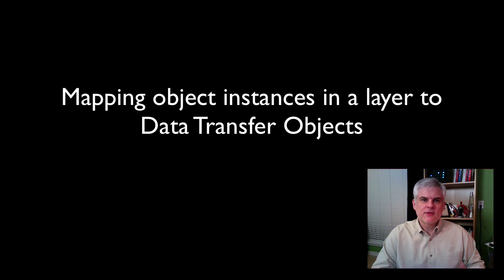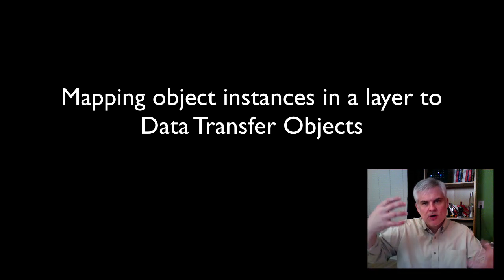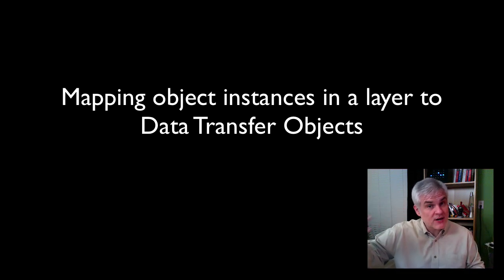So assuming that you're going to be working with data transfer objects, you're going to have to map the properties of a given class, whether that's a DB set of entities, a domain class, or a view model. You're going to have to map those values to properties in your data transfer classes so that you can then send them between the layers, right?